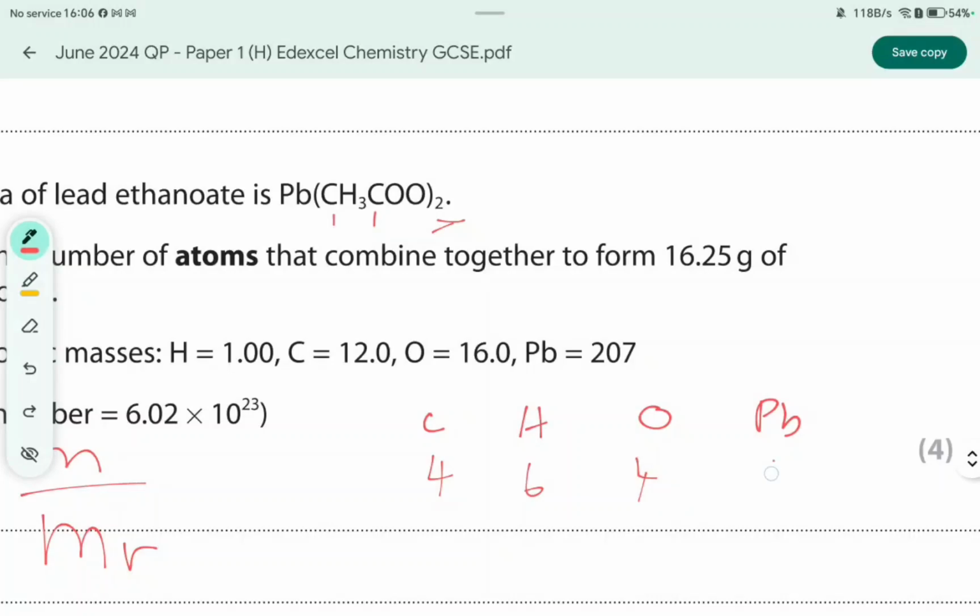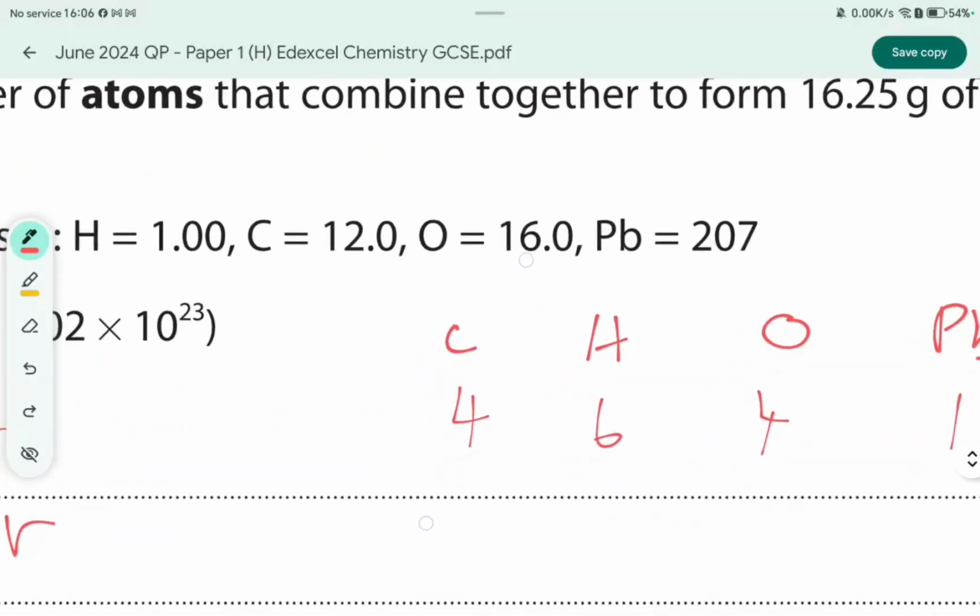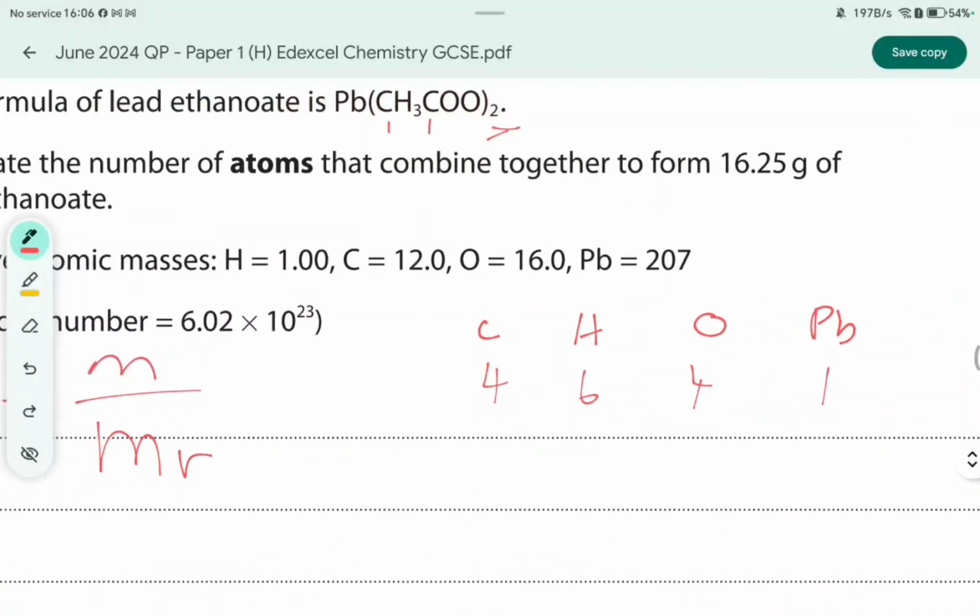Now we have to look at the relative atomic masses. Carbon is 12, so 12 times 4, plus for hydrogen it's 1 times 6, for oxygen it's 16 times 4, and for lead it's 207, so it's just going to be 207.